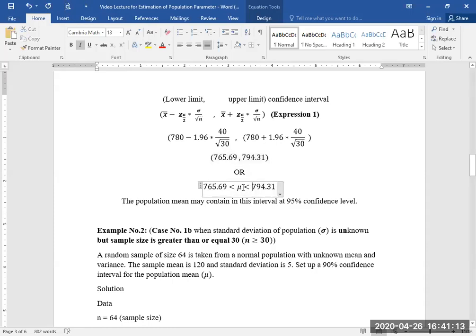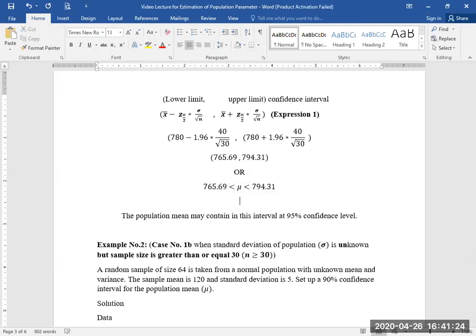We can also write this in interval notation, like this. In some books I have seen the above interval also written in this form: 765.69 to 794.31.